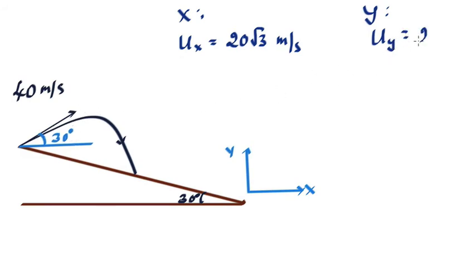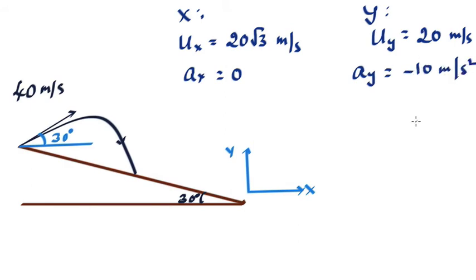Sine 30 is half, so that is 20 meters per second. The acceleration in the x direction is 0. The only force is gravity, therefore the acceleration is only in the negative y direction, and hence the acceleration in the y direction is minus 10 meters per second square.